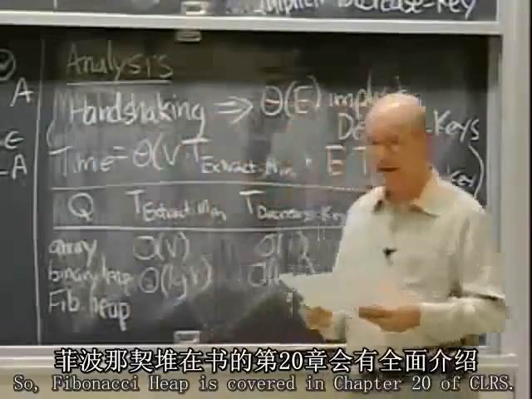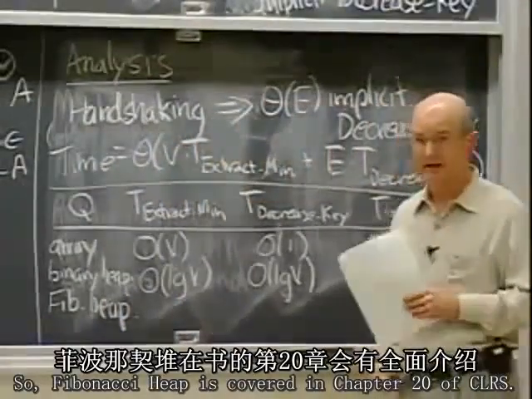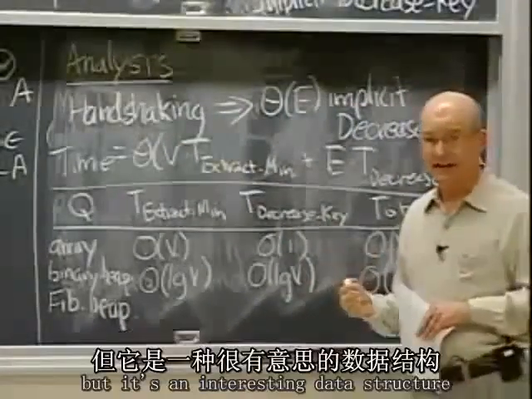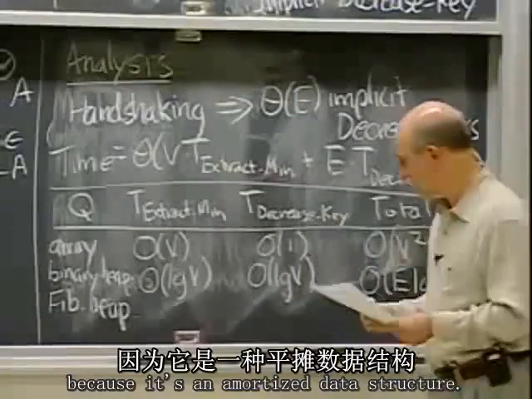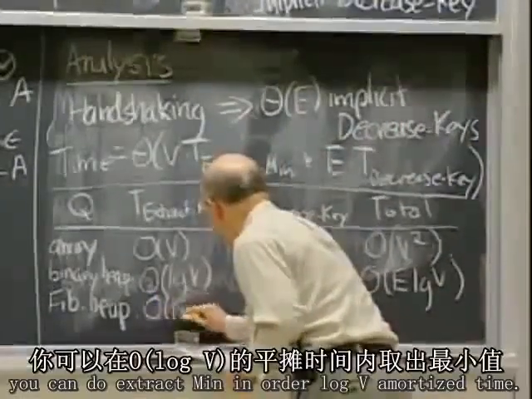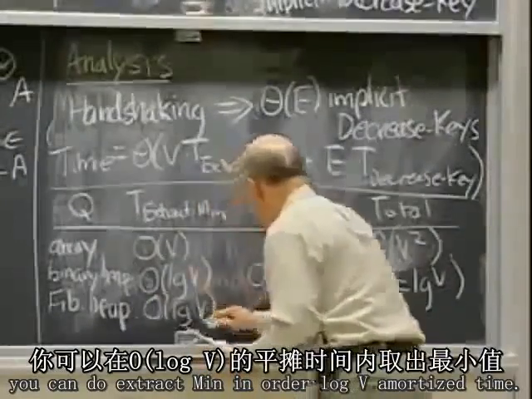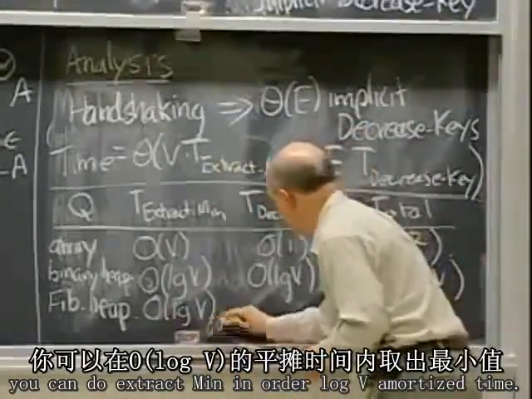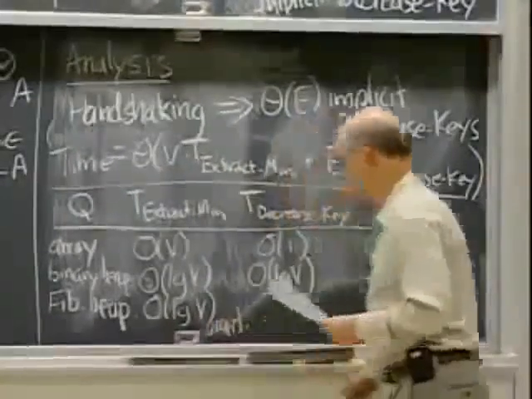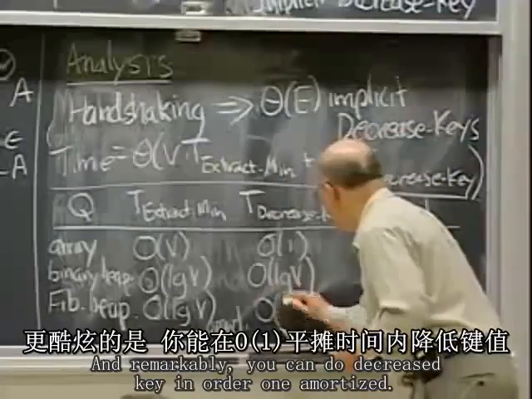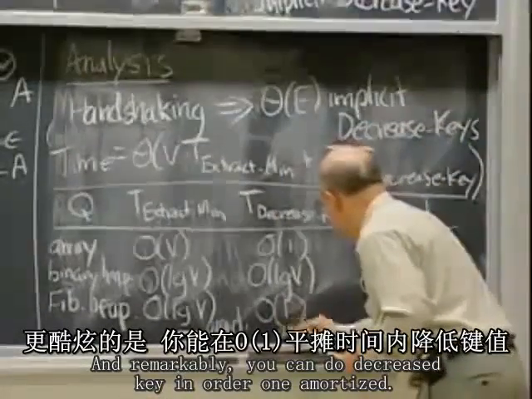So Fibonacci heap is covered in Chapter 20 of CLRS. We're not going to hold you responsible for the content, but it's an interesting data structure because it's an amortized data structure. And it turns out that in this data structure you can do extract min in order log V amortized time. And remarkably, you can do decrease key in order 1 amortized.